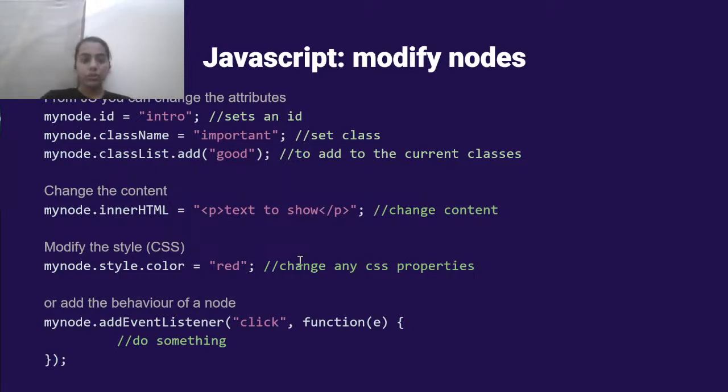So I think this was all about JavaScript. As you can see, JavaScript is a very versatile and powerful programming language that plays a pivotal role in web development. It is primarily used for adding interactivity and dynamic behavior. Also, it enhances user experiences on websites and web applications.